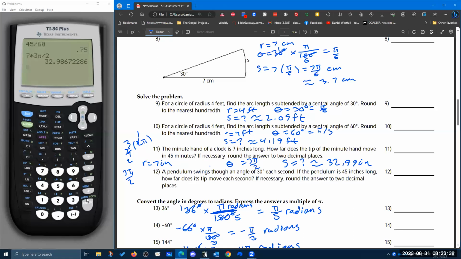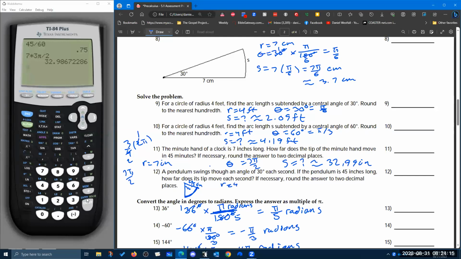And a pendulum swings through an angle of 30 degrees each second. If the pendulum is 45 inches long, how far does the tip move each second? So we've got the pendulum swinging 30 degrees like this in 1 second, and the pendulum is 45 inches long.